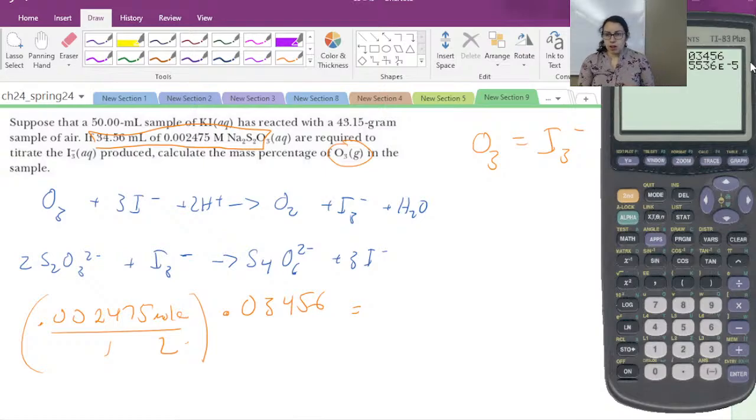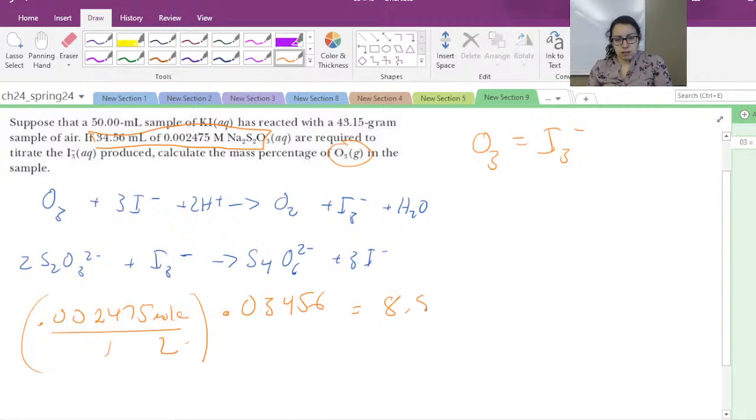So then we get 8.55 times 10 to the negative fifth moles, correct? Yep. And so then what's our relationship once we get moles?